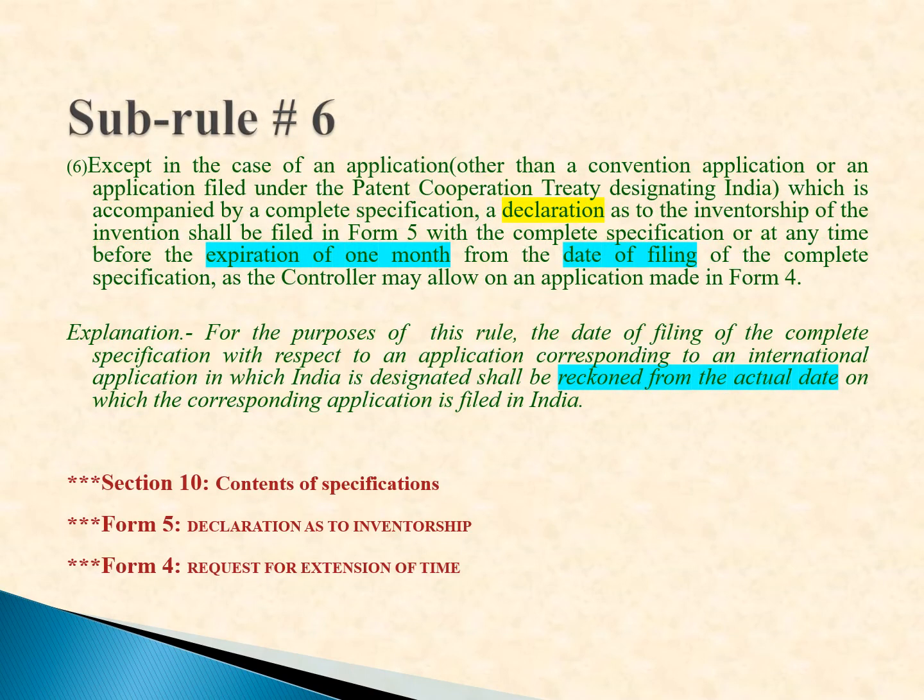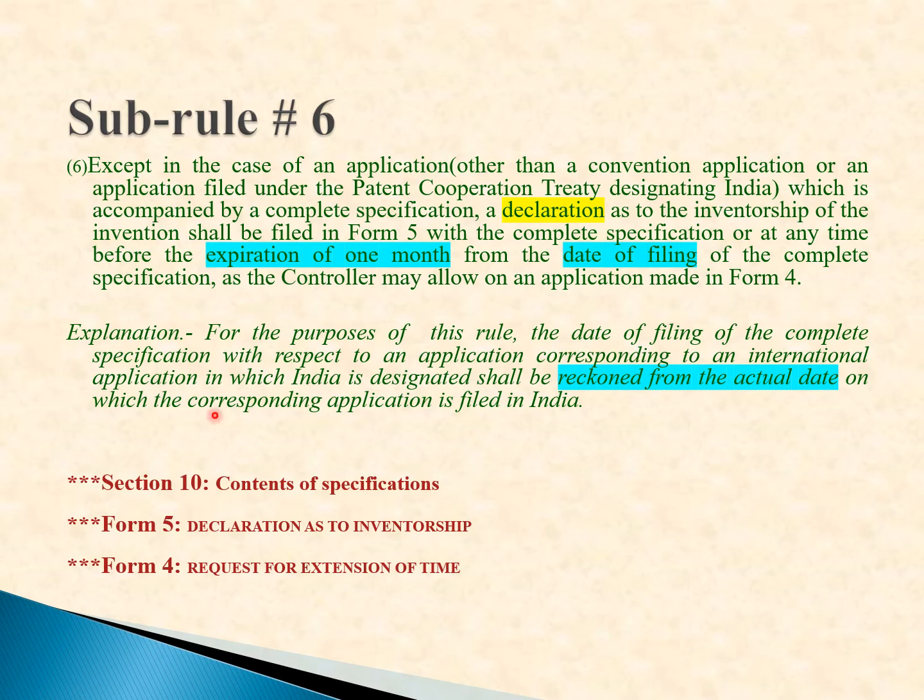Subrule 6 says, except in the case of an application other than a convention application or an application filed under the Patent Cooperation Treaty designating India, which is accompanied by a complete specification, a declaration as to the inventorship of the invention shall be filed in Form 5 with the complete specification or at any time before the expiration of 1 month from the date of filing of the complete specification, as the controller may allow on an application made in Form 4.